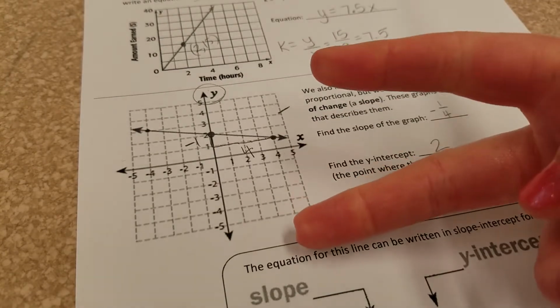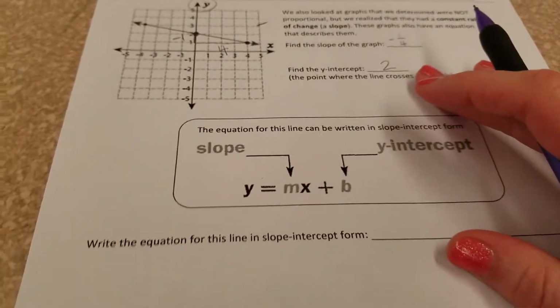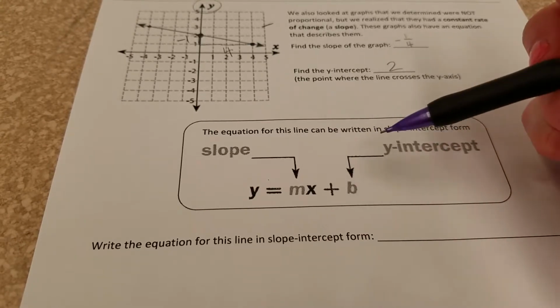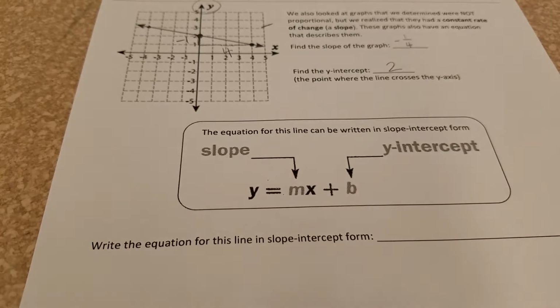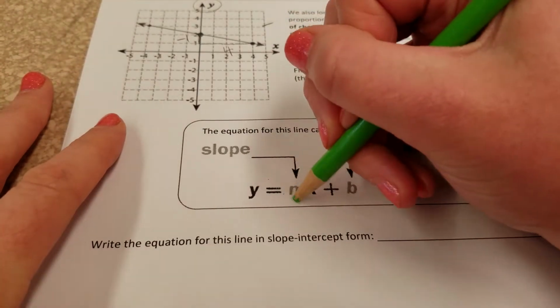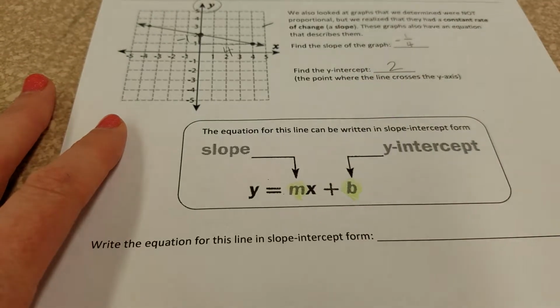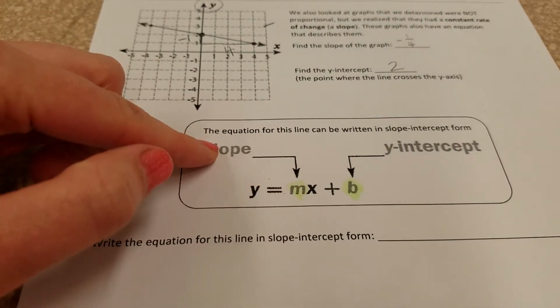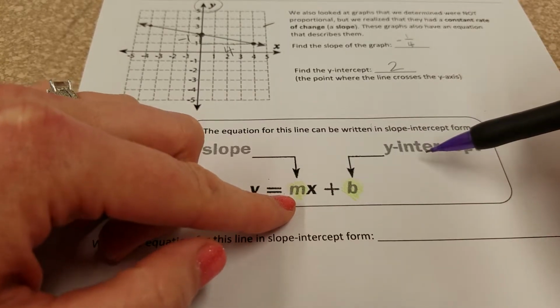Those are the two things that you're going to need to be able to write an equation for today's lesson. There's an equation format. It's called the slope-intercept form. It's in this form, y equals mx plus b. In this format, m is replaced by a number and b gets replaced by a number. M is your slope, so you put your slope number in there, and the b is your y-intercept.